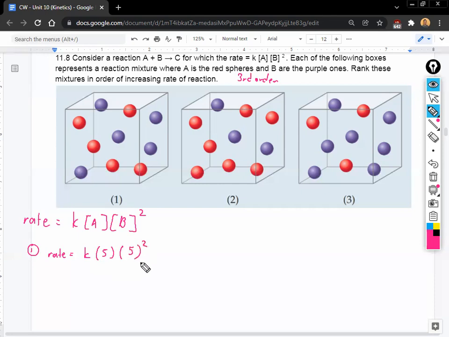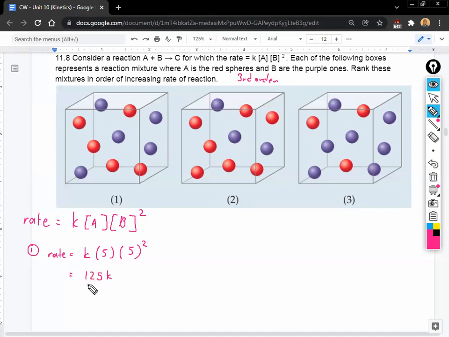So the rate for the first box is going to be k times 5 times 5 squared. 5 squared is 25, times 5 is 125. So the rate for box number 1 is going to be 125k.